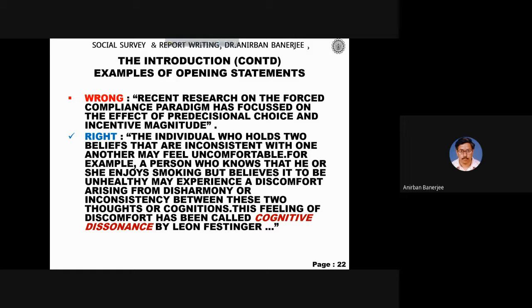This feeling of discomfort has been called cognitive dissonance by Leon Festinger. You see, this is more comprehensible. You can easily understand it.